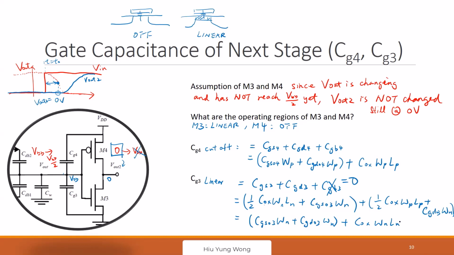Any questions? Yes, in CGD3 it should be 1/2 COX WN times LN. Thank you, I'm happy that you point that out. Actually, when I looked at last year's slide, I had some typo, but no student pointed that out. Maybe they just fixed it and didn't let me know.